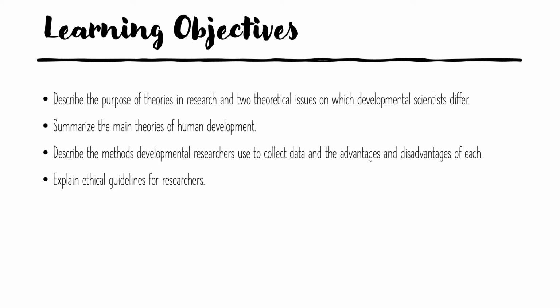You should be able to describe methods developmental researchers use to collect data and the advantages and disadvantages of each, and explain ethical guidelines for research. The last two bullets will be explained in an additional video.